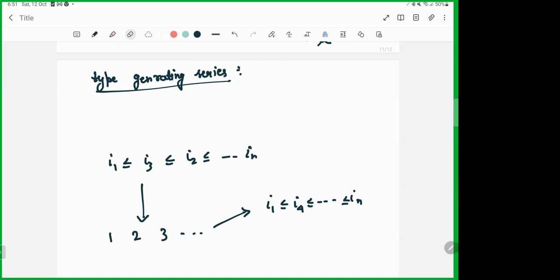All orders come from the order of the natural numbers by this sigma inverse. If there is any order, let's say I1, I4, In, I will define a map sigma, which is 1 goes to 1, 4 goes to 2, and so on. This order is coming from 1, 2, 3 under sigma inverse.